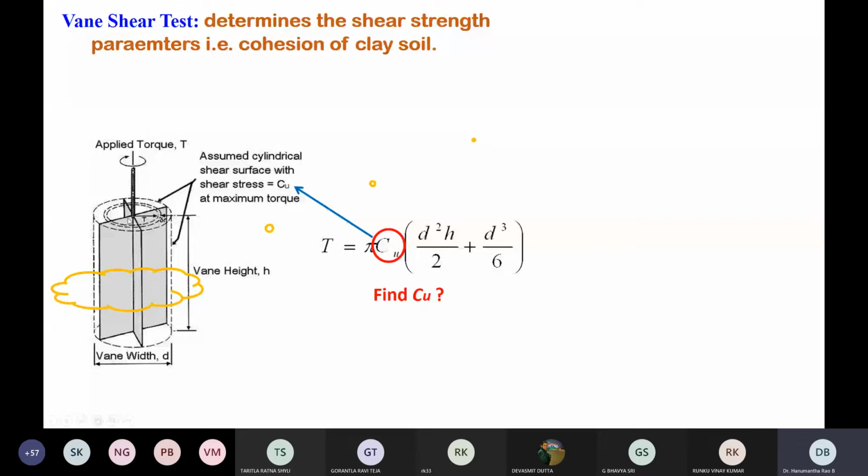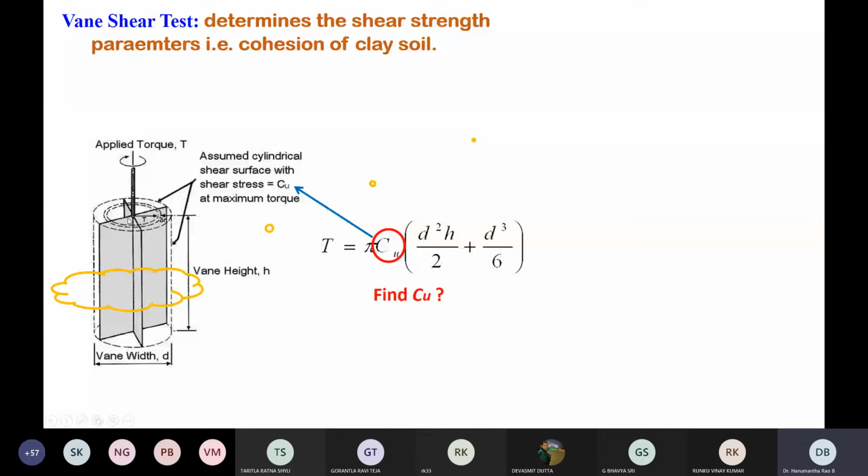Here there are 4 blades, but if you look at any literature, you may find 2 blades, 3 blades, 4 blades, or more than 4 blades. It doesn't matter. If you look carefully, when you apply the torque to shear the soil sample, it rotates and cuts the soil sample in a cylindrical way.